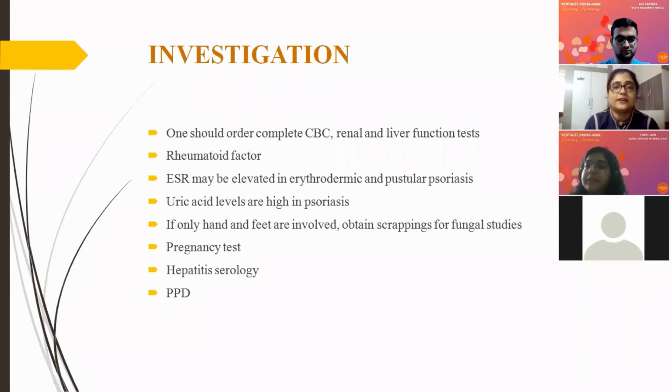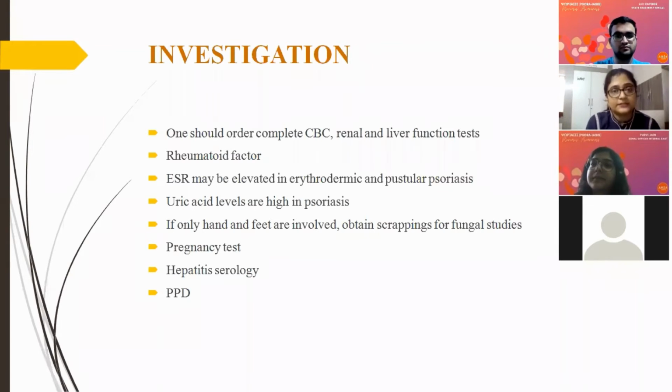Now, what are the investigations? These investigations should be done for differentiating from other diseases as well as to choose the treatment option. One should order complete blood count, renal and liver function tests, rheumatoid factor if there is joint involvement. ESR may be elevated in erythrodermic and pustular psoriasis as inflammation is high.